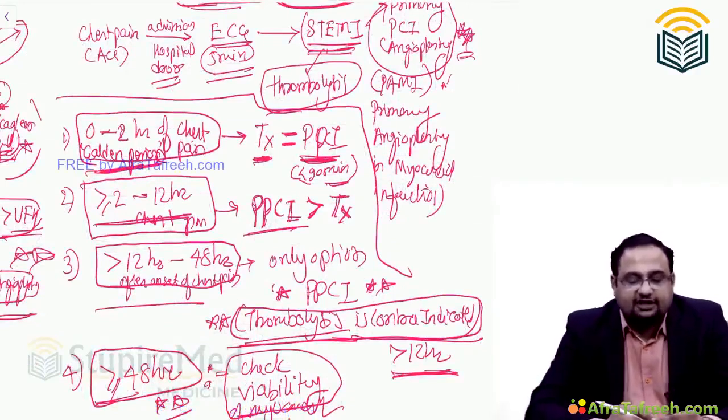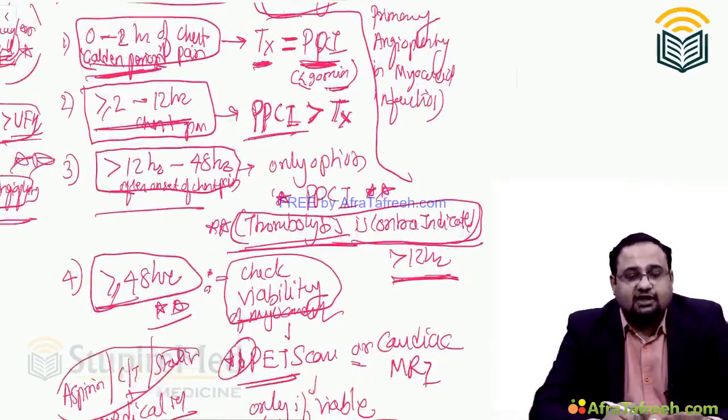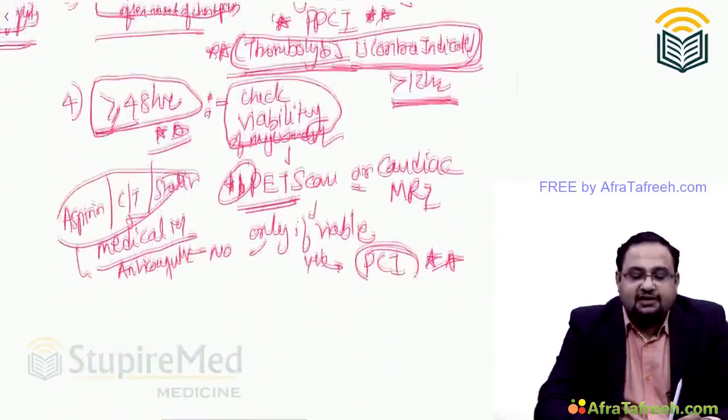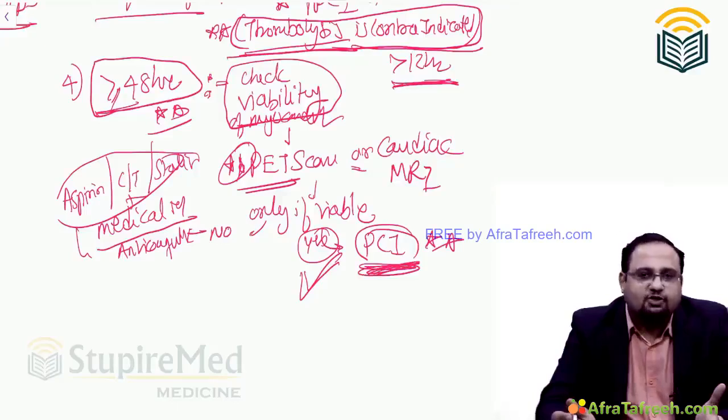After 48 hours, it is to be avoided. That is very important to remember. Later on, please check the viability of the myocardium by PET scan or a cardiac MRI. Confirm it. If it is viable, then perform the angioplasty, because thrombolysis cannot be performed after 12 hours.